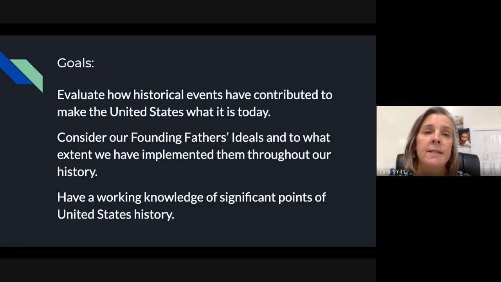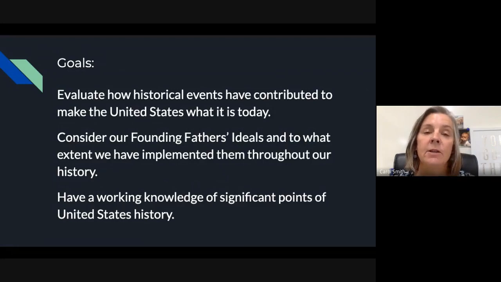My goals for CP US History are that students will be able to evaluate how various historical events that we study have contributed to making the United States what it is today. I want them to be able to consider whether our founding fathers' ideals have been implemented at significant times during our history, or to what extent those American ideals have been implemented.